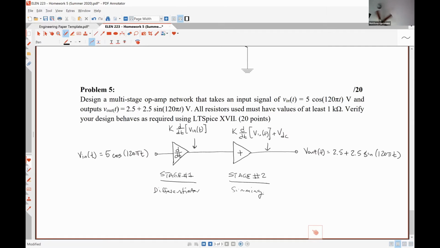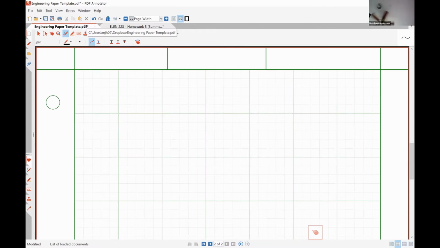So I'm going to create another example design problem real quick that would require the use of a cascading amplifier scheme. So let's say that we are trying to create a weigh station.